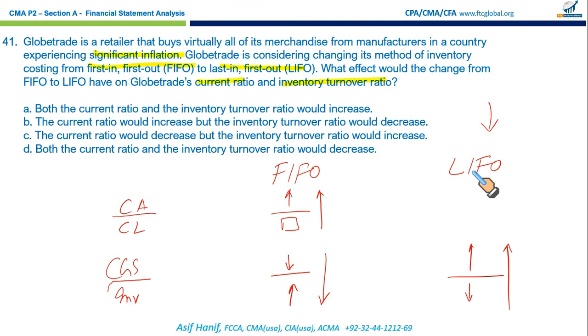Resultantly, your inventory figures on the balance sheet are older, lower costs. So your current assets are showing at lower costs. This will happen totally opposite to what you see to the left of the screen. So that means if you move to LIFO, your current ratio would decrease, you can see that, and your inventory turnover ratio would increase, you can see that.